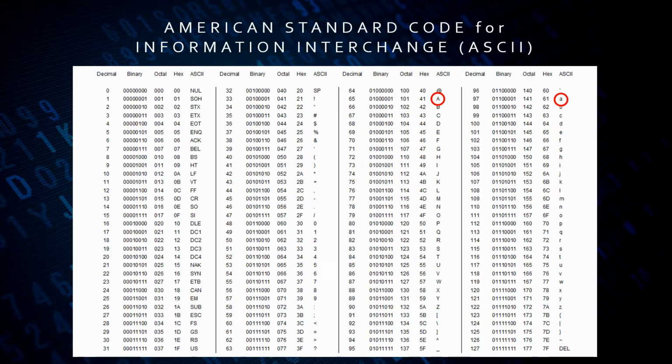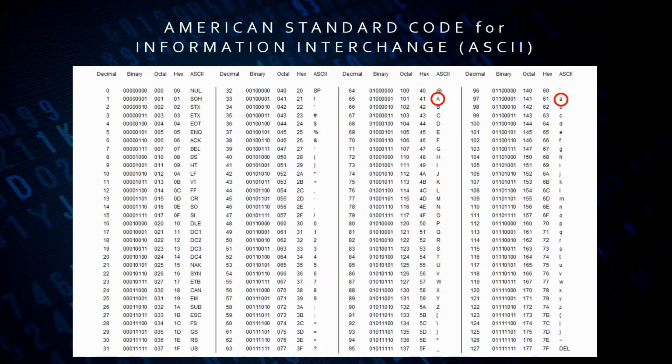So here's a snapshot of basically the entire ASCII code. All of the different states of the byte, which is under the binary column, and the ASCII equivalent, which is under the ASCII column. So like I said before, each byte code is unique, and one state of the byte corresponds to a single character.